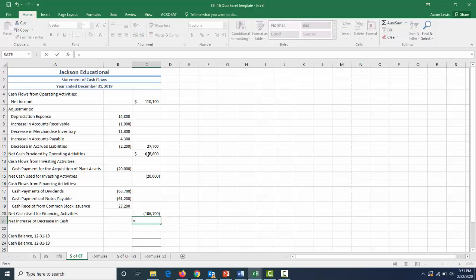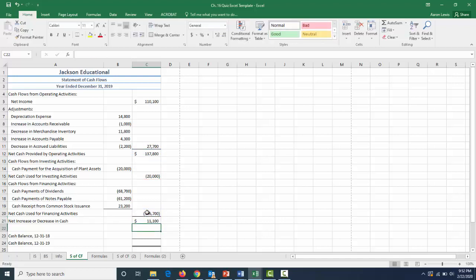So we're going to add those three together. Let's take our $137,800 in operating activities, add to it our negative $20,000 for investing activities, and add to it our $106,700 cash outflow for financing activities. And we come up with a net increase in cash of $11,100 during the year.